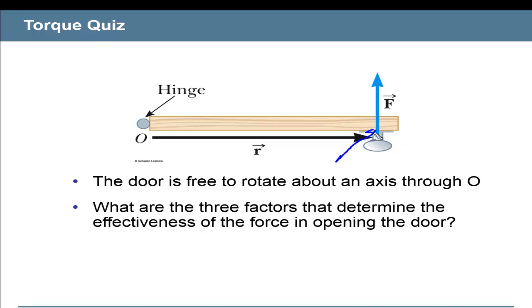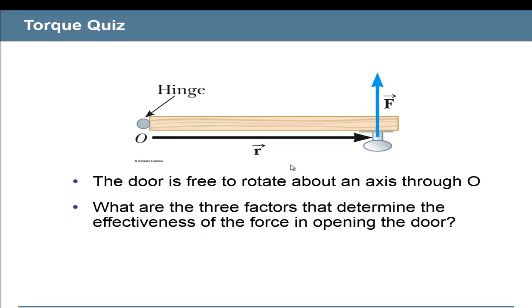So if this is my force F right here, then it would have a parallel as well as a perpendicular component, and only the perpendicular component would cause rotation, right? So the angle would matter as well.